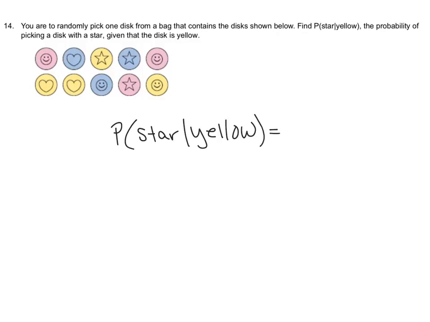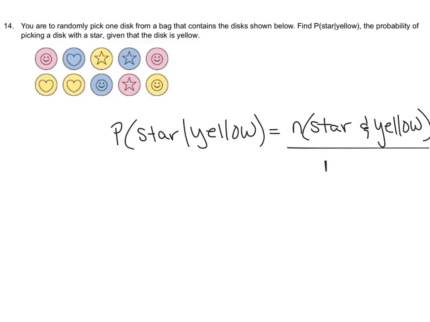So the formula for this is the number of times that a star and a yellow disc appear, so that's the intersection, divided by the number of times yellow appears, which is our second event in our conditional probability.